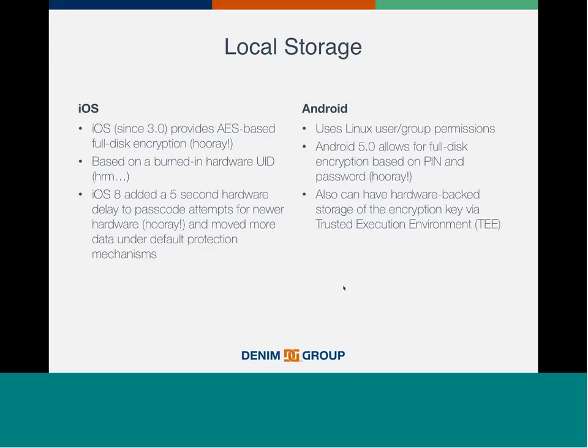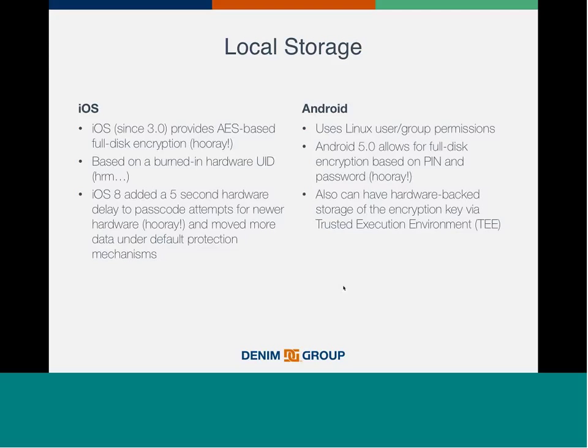And with iOS, they added some hardware delay to passcode attempts, which is good, and moved more data under those default protection mechanisms. And so the good news is, on the iOS side, what we're starting to see is a lot more attention being paid to data storage on the device, and saying, if you recover someone else's device or a lost or a stolen device, you at least have to know the passcode in order to do this.